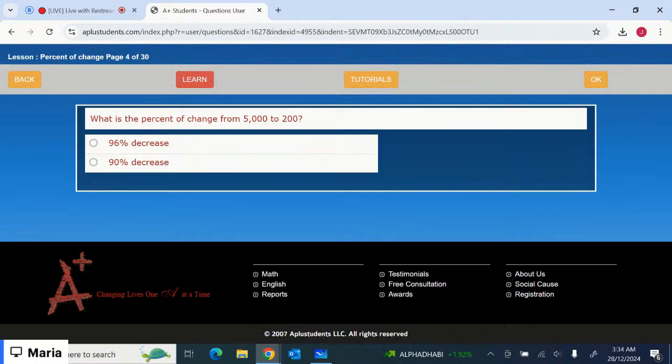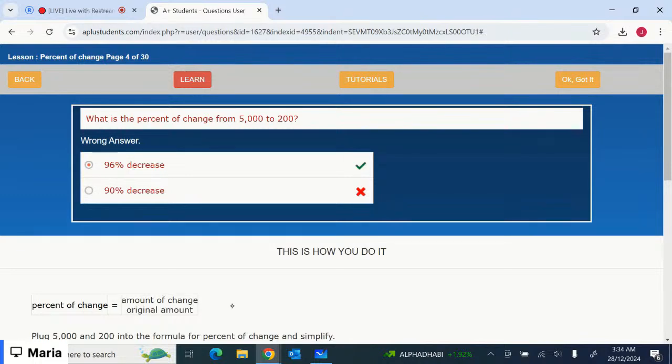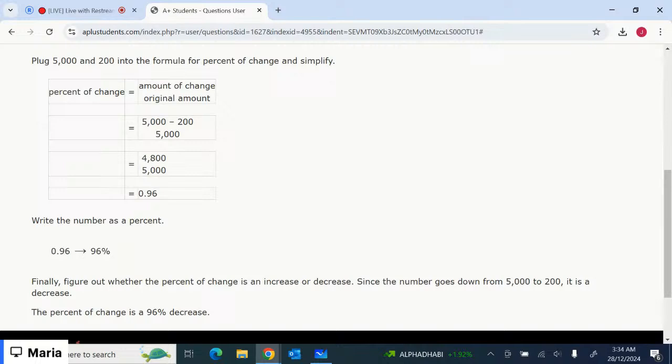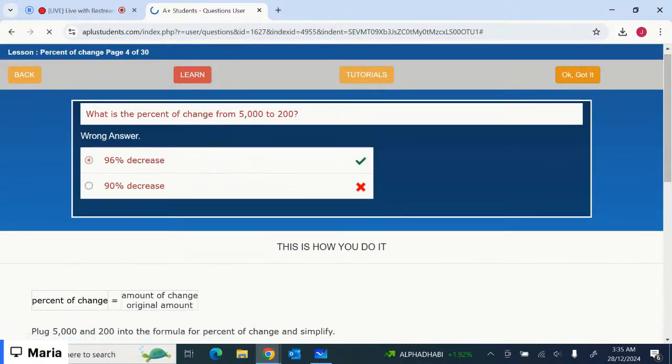How much decrease? 90% decrease. 96% decrease. 5,000 minus 200 is 4,800, and 4,800 over 5,000 is 0.96. Okay, so that is 96% decrease.